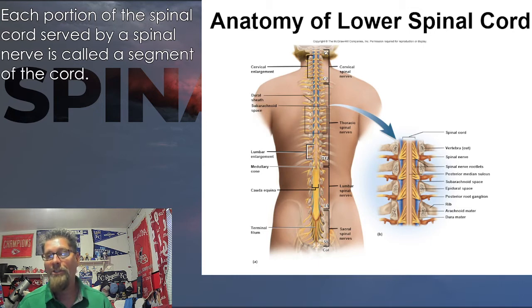The 31 is not the individual small ones going into the rusty red covering. The 31 that it references is the one big one that's coming out to the rest of the body. And each section, each part of the spinal cord where one of those large nerves comes out, that's called a segment of the spinal cord.